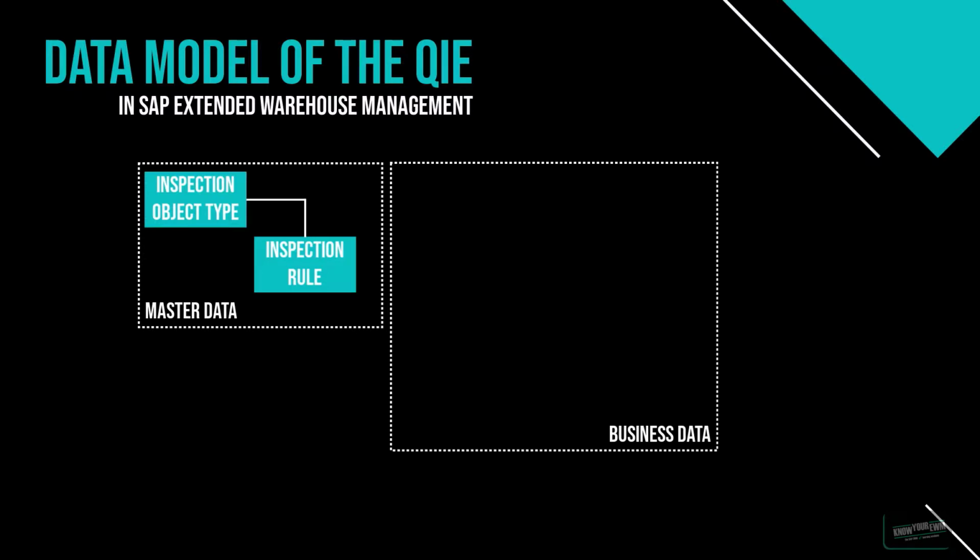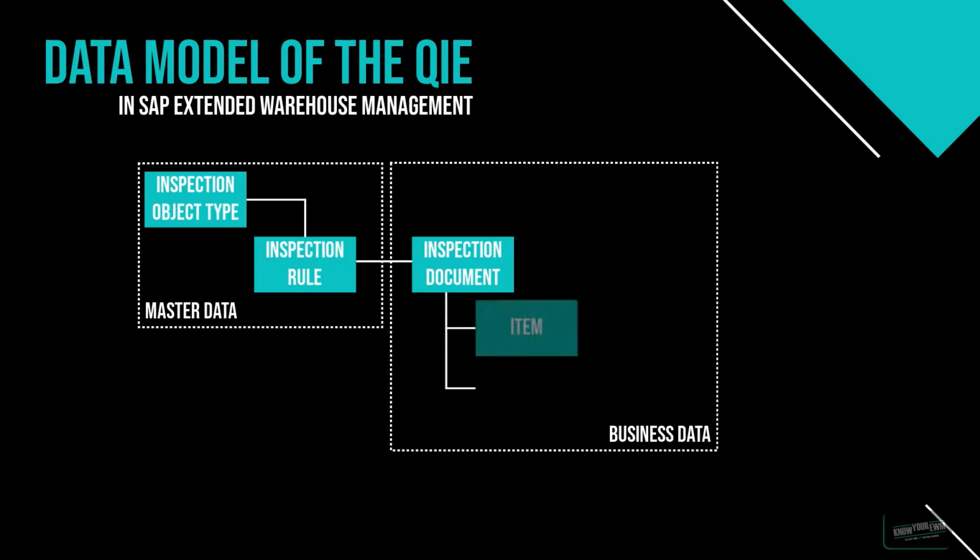Based on the inspection rule, the system creates one or multiple inspection documents during the actual inspection process. Such an inspection document contains the inspection specification and is used to collect the inspection results and decisions for an inspected object. Each document can have multiple items and samples assigned to it.